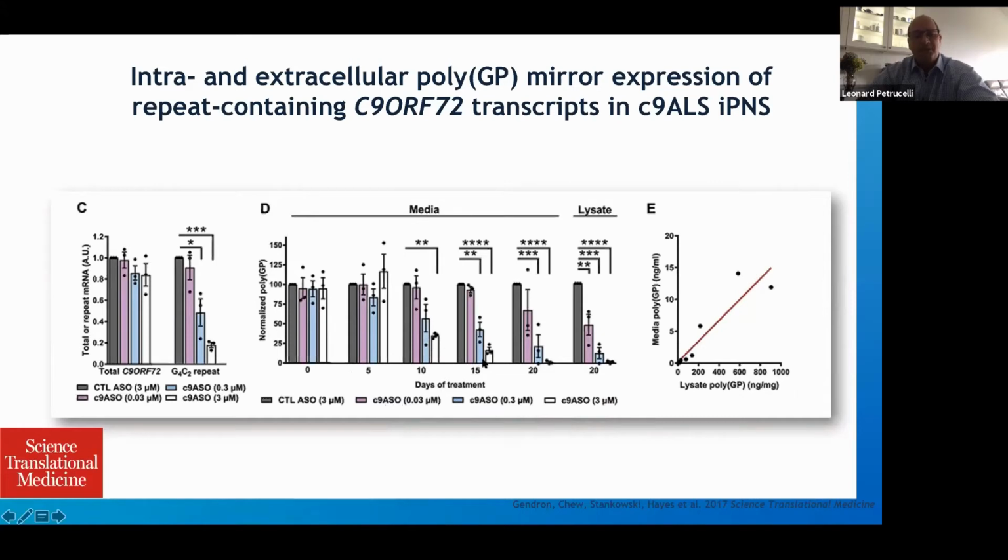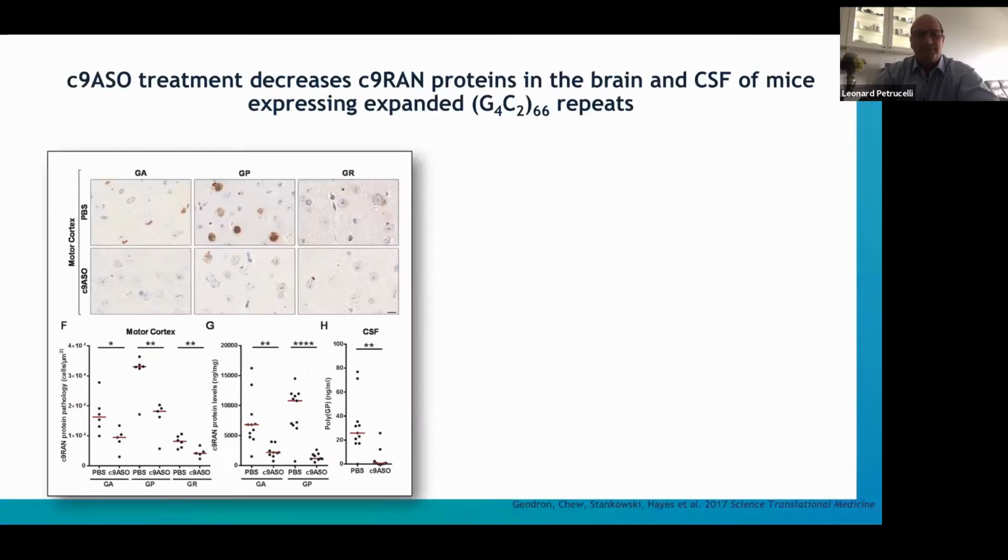So it does take some time, that even though the ASO is in fact hitting the RNA, it takes some time for the poly-GP levels to get degraded, presumably because there really is no specific degradation signal such as lysine residues that might facilitate its degradation.